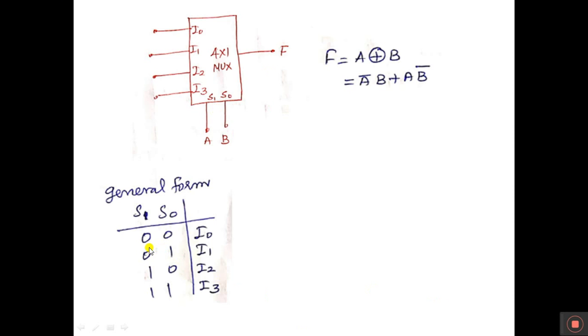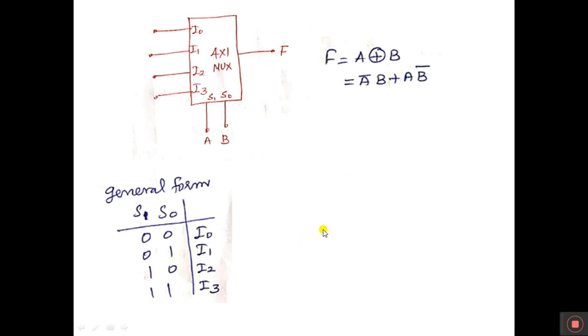If the selection lines are 0 0, I0 will appear at the F terminal. If 0 1, I1 will appear at the output terminal F. If 1 0, I2 will appear at F. If 1 1, then I3 will appear at F.